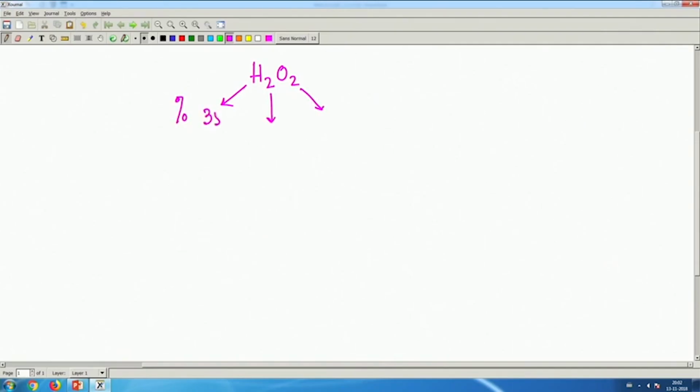So it is available as a 35% variety or 50% variety or a 70% variety in aqueous solutions. These aqueous solutions are useful, and the molecule is very important from the chemistry point of view.